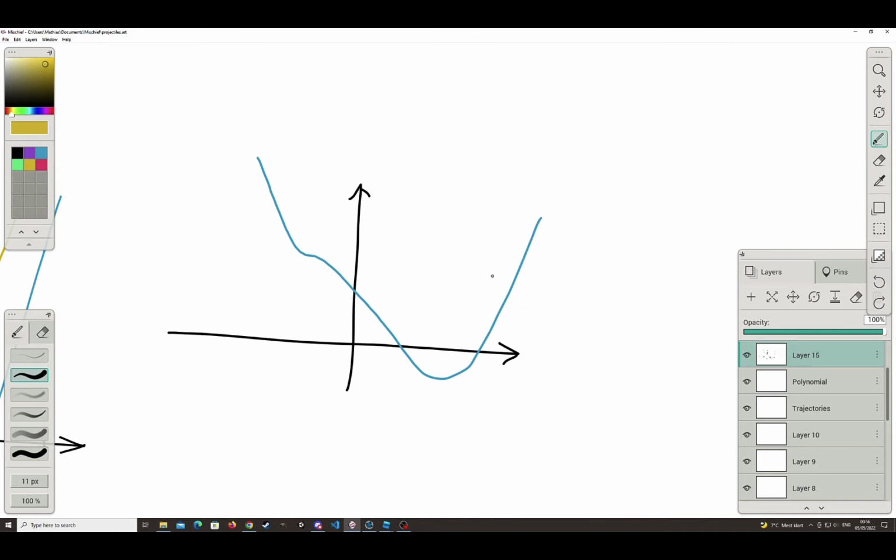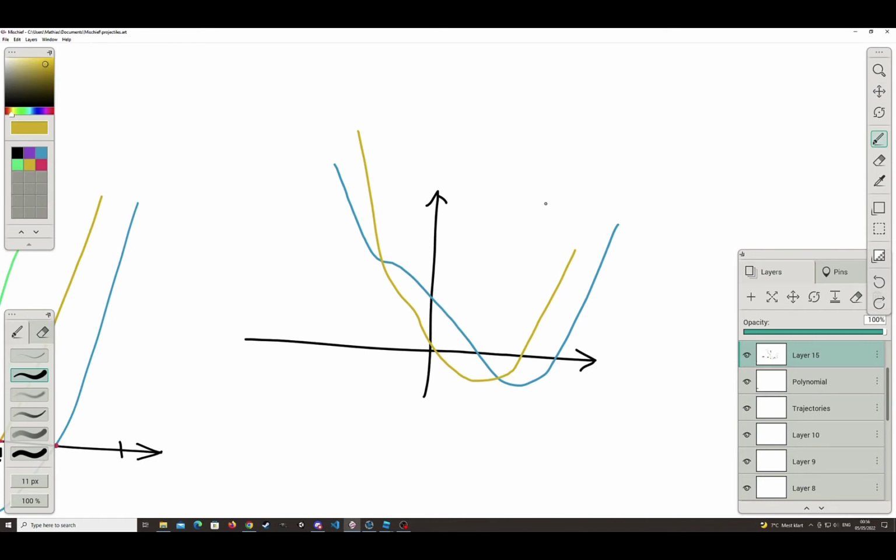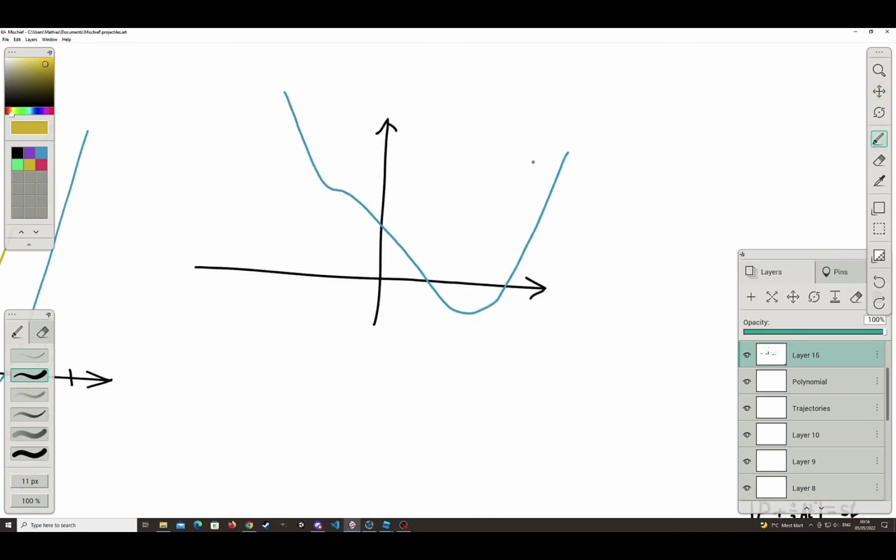So you're only going to get, let's see what the derivative of this would be. It goes something like this, right? And then something like that. Or actually, no, wait.